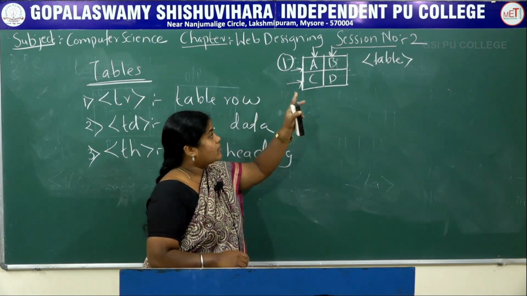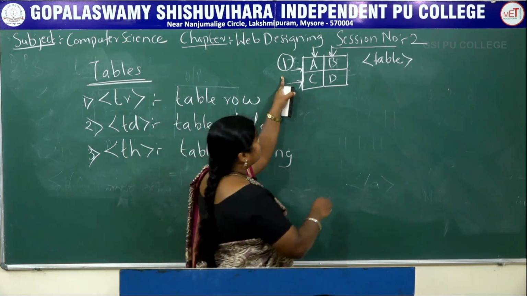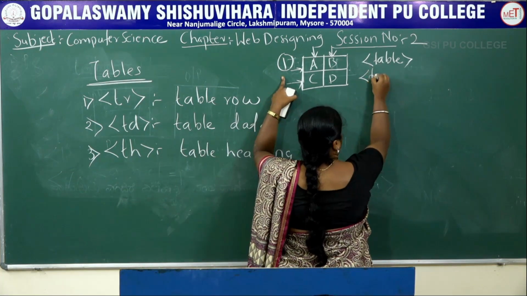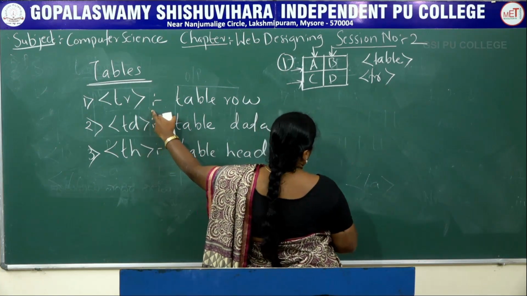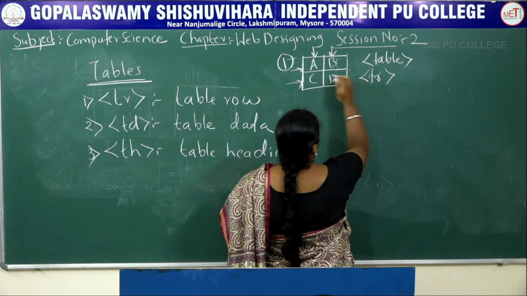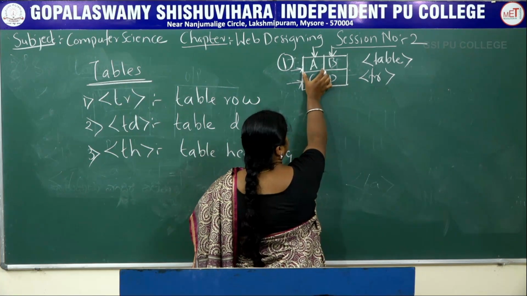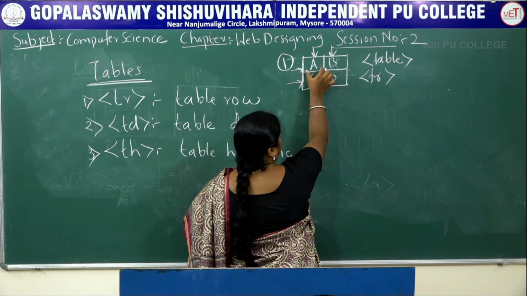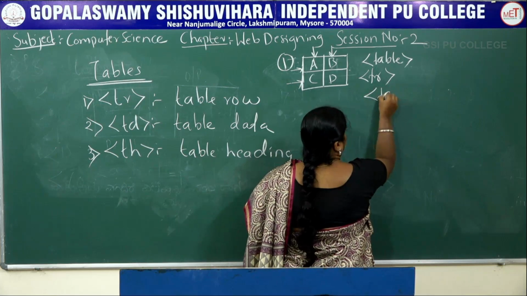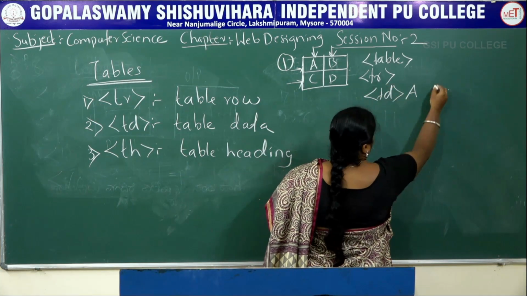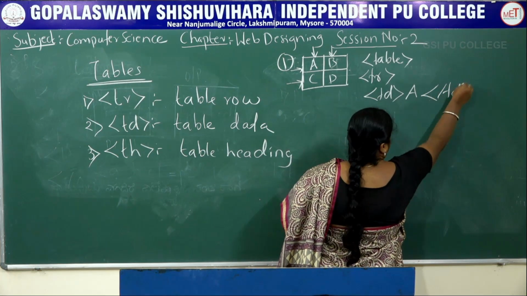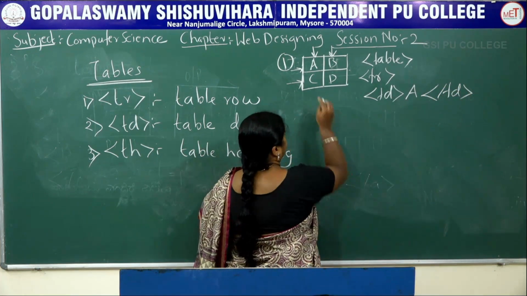As I said, row by row, we have to start with tr. For table row, we use the tag tr. Within tr, the first data is a, so for that we use td, then the data a, then we close that particular column.